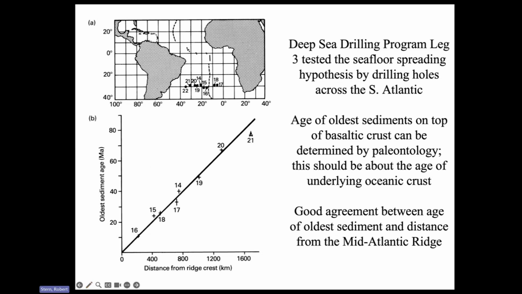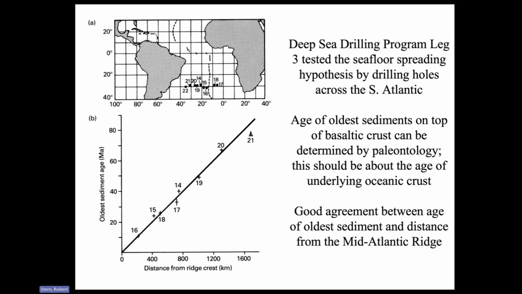And you can see the ones that are closest to the ridge, like 16, are youngest, and older ones farther away are much older with distance. You couldn't really get a good age on the basalts, but you could get a good age from the sediments immediately lying on top of them.